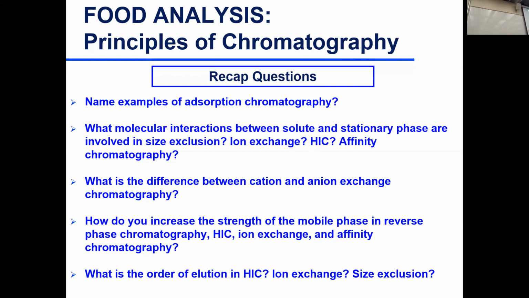All right, how do we increase the strength of the mobile phase in hydrophobic interaction? Do you remember what your mobile phase would be in hydrophobic interaction to start with? Usually it's like 1 molar sulfate, so it's a high salt concentration.